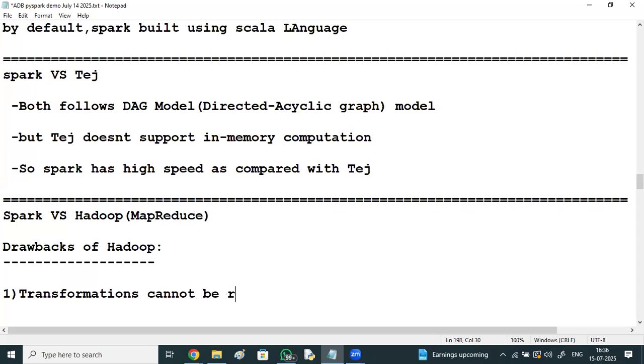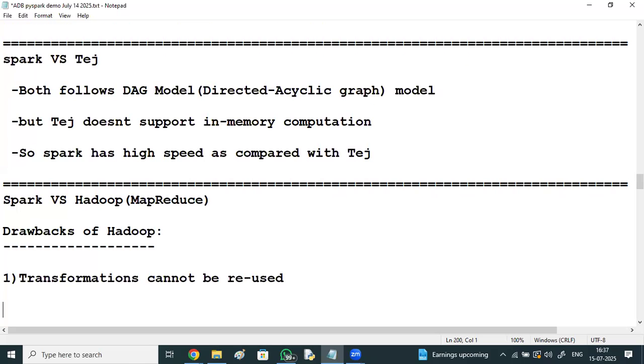In the case of Spark, one of the important things we see here is that if you have executed a transformation, that output again can be reused. Transformations can be reused in the case of Spark, but in the case of Hadoop, if you have already executed a transformation, we need to re-execute it. The already executed transformation's output can't be reused.